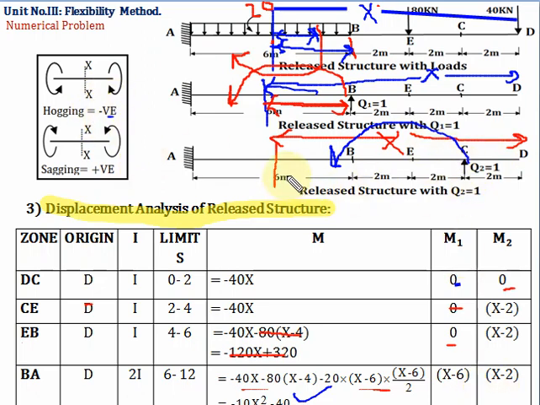Now we have to calculate this distance. So this distance is nothing but x minus 2. So bending moment will be 1 into x minus 2. So value of M2 will be x minus 2. It is plus because nature of bending moment is sag.